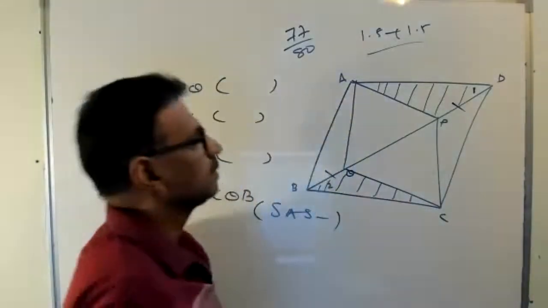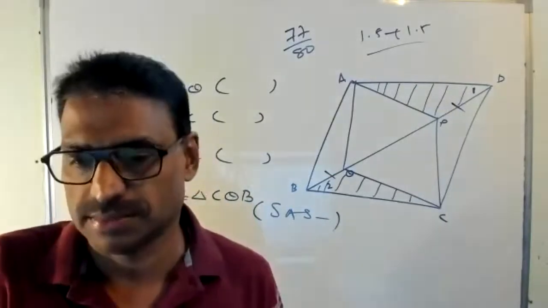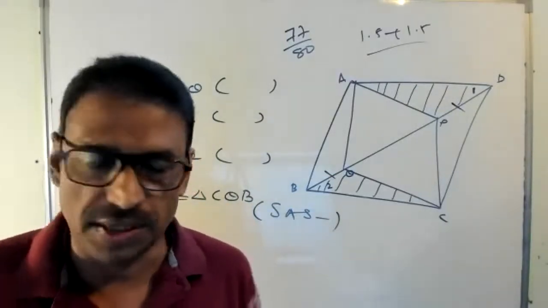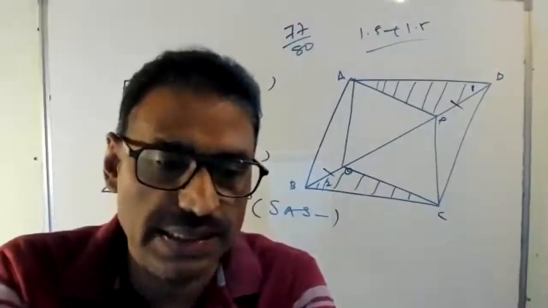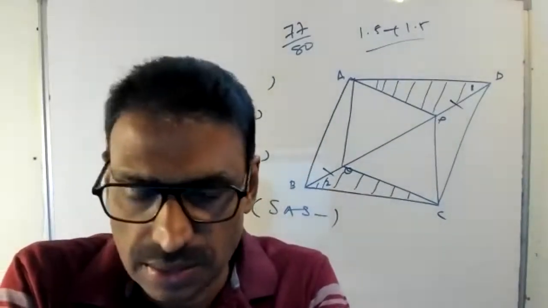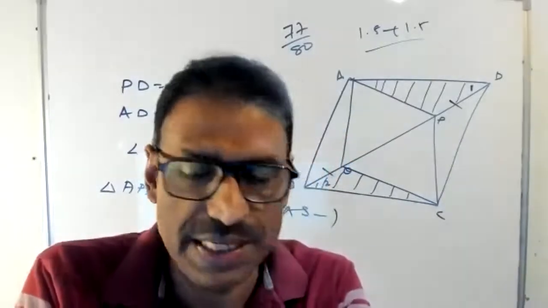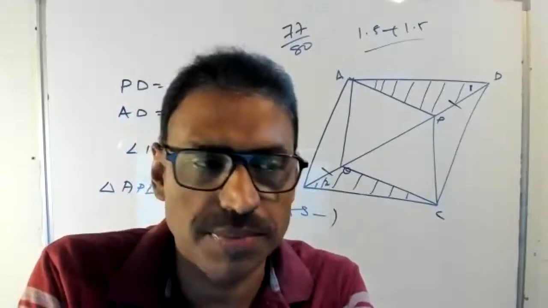See, he lost 3 marks because of the figure, and all the remaining marks he got. Understood? If you get 63 or 60, 70, that doesn't matter, forget about it. Or 50s, no problem. But he or she got 77 marks and lost 3 marks because of this figure.